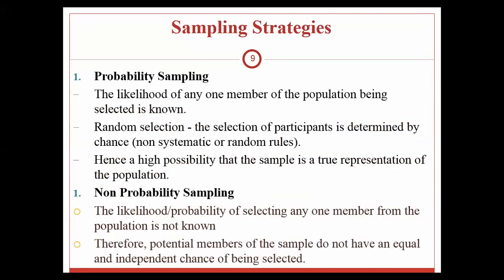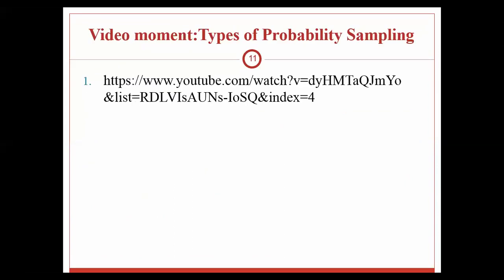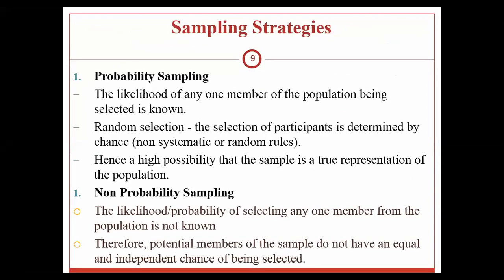Now, to do that, there are different types of sampling strategies, and they are characterized under either probability sampling or non-probability sampling. Probability sampling is whereby the likelihood of any one member of the population being selected is known. The likelihood is known.